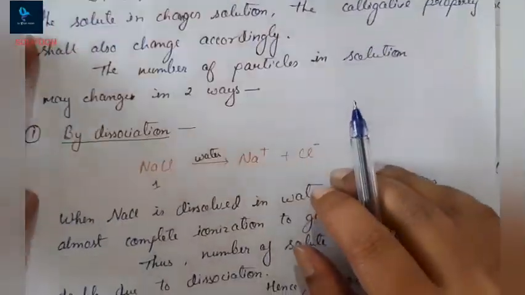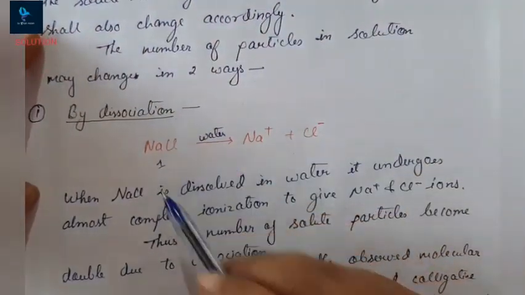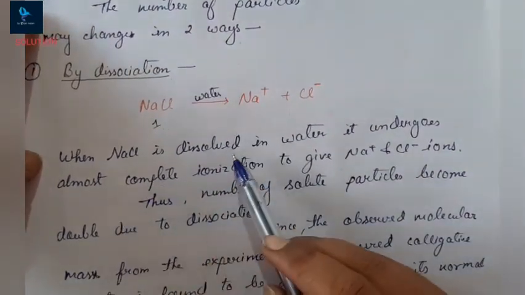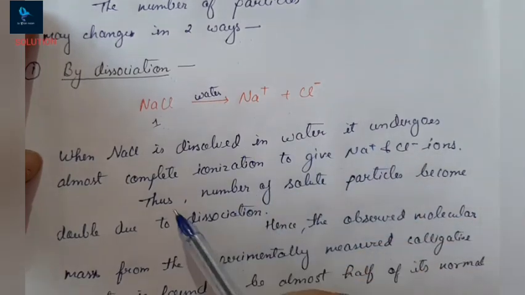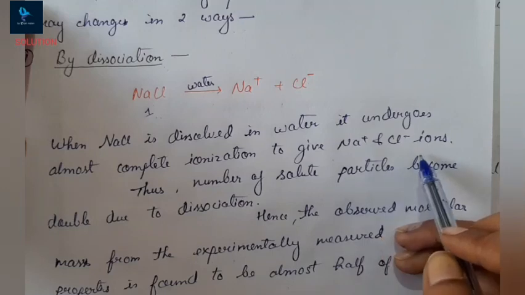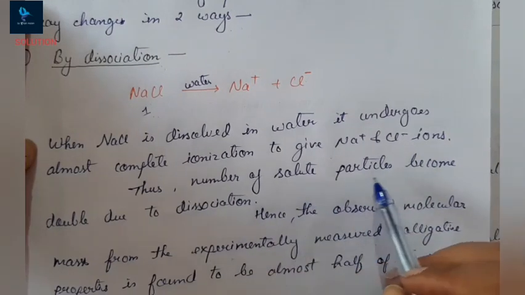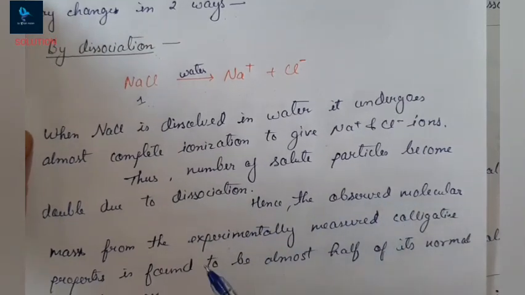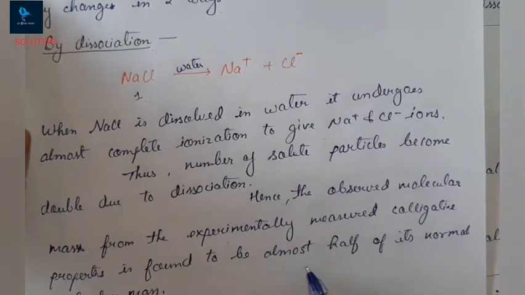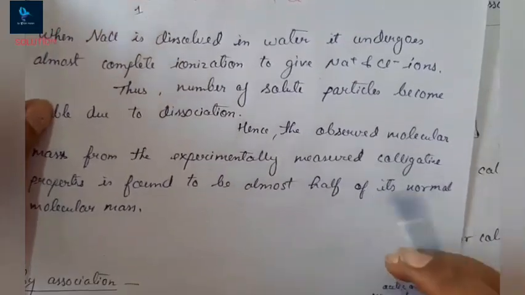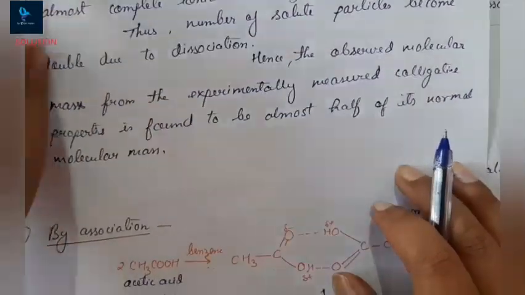First, dissociation. When NaCl is dissolved in water, it undergoes almost complete ionization to give Na plus and Cl minus ions. Thus, the number of solute particles becomes double due to dissociation. Hence, the observed molecular mass from the experimentally measured colligative properties is found to be almost half of its normal molecular mass.